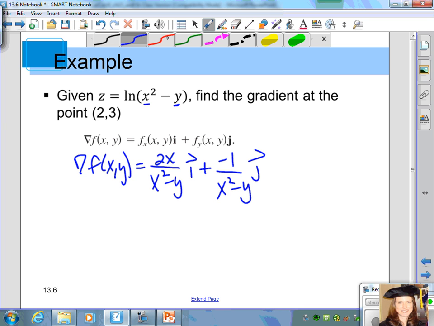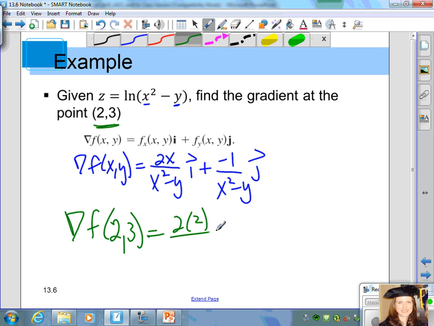Now we're going to evaluate the gradient at the point (2, 3). So the gradient of the function at the point (2, 3), we're going to plug in 2 for x and we're going to plug in 3 for y. And that will simplify.